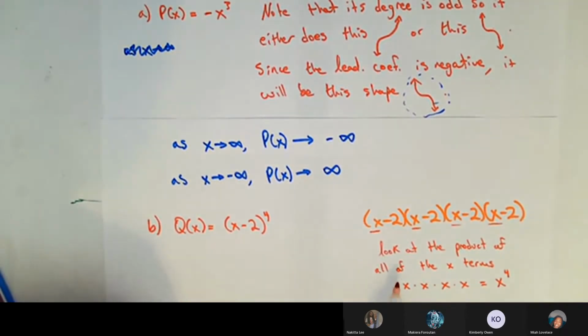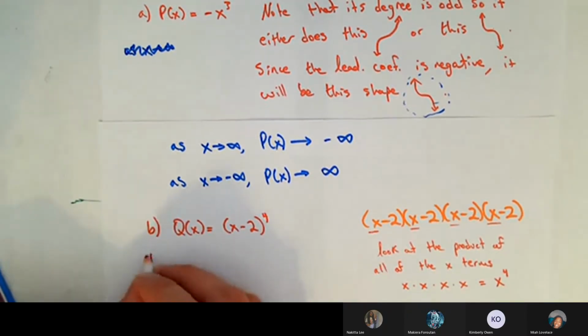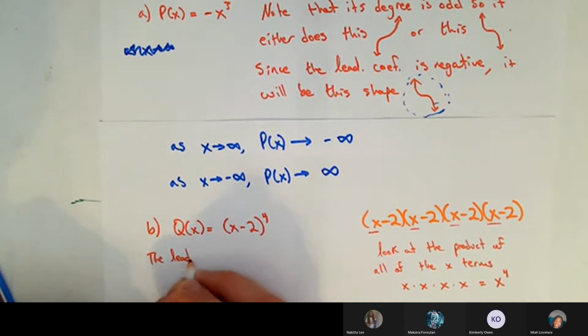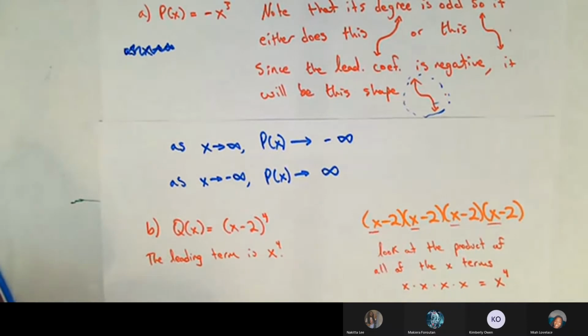The coefficient on all of these is just a 1, and technically 1 times 1 times 1 times 1 gives you another coefficient of 1. So in other words, you can ignore the coefficient and just think about what's going on with the x's. x times x times x times x gives you x to the fourth. So our leading term is x to the fourth.